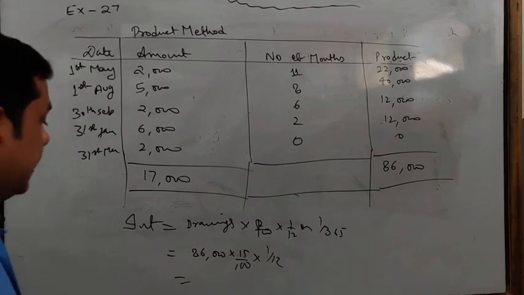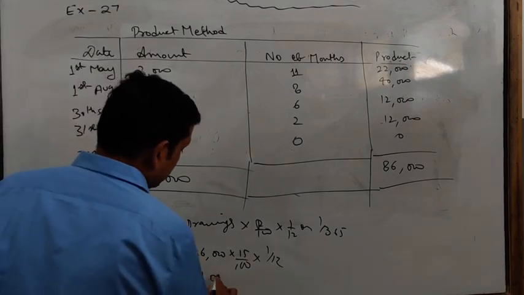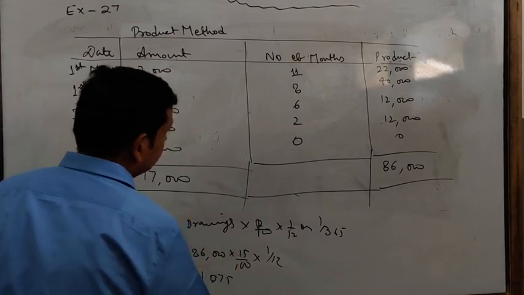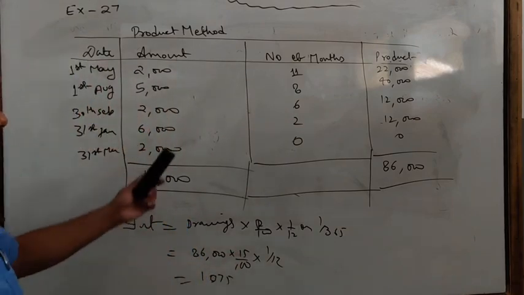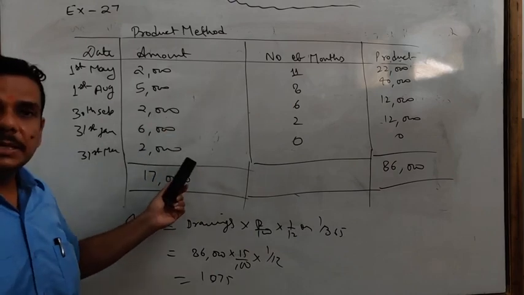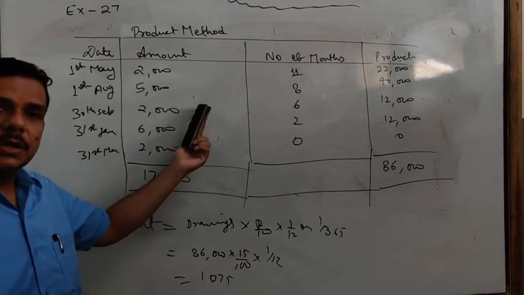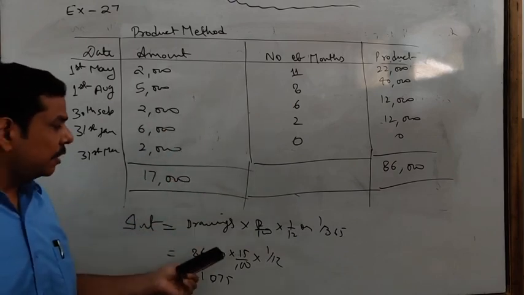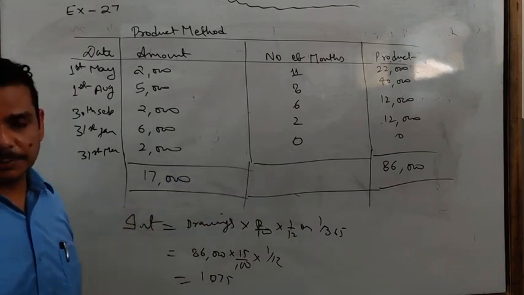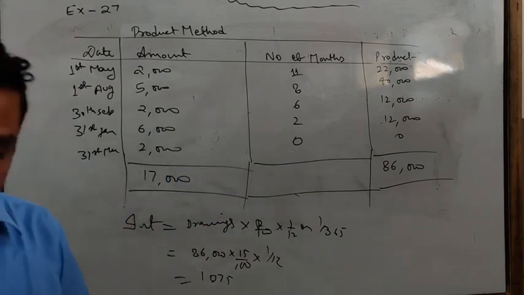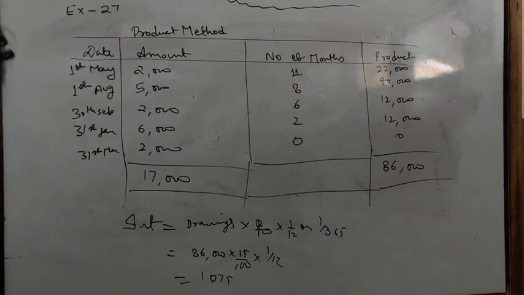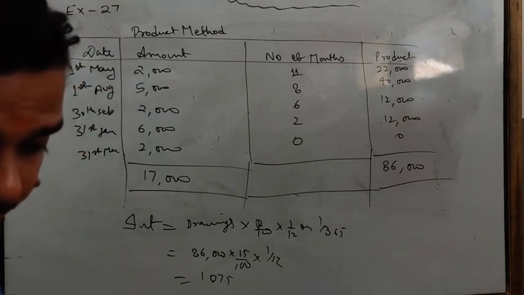So total amount of the interest will be 1075. In simple method you have to do the five calculations. Instead of doing the five calculations for calculating the amount of interest, we will adopt one formula that is called product method. These are the different ways to calculate. If you wish to calculate it separately, it's up to you. There is no harm.